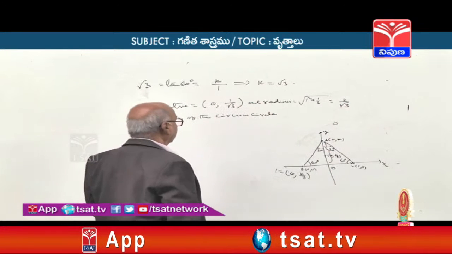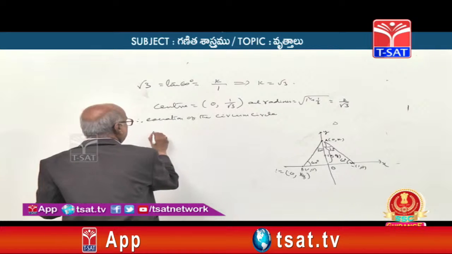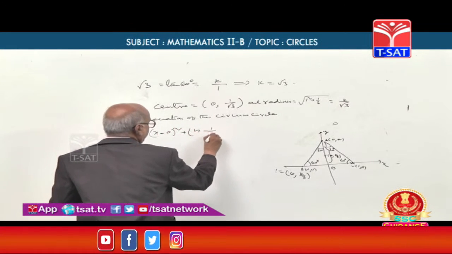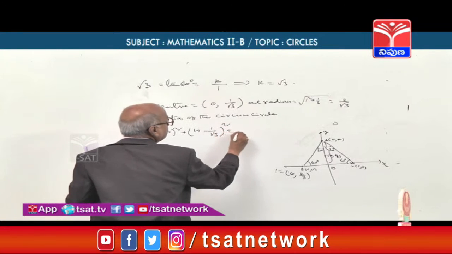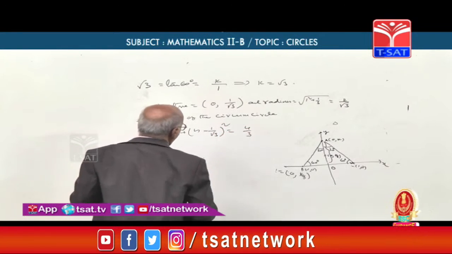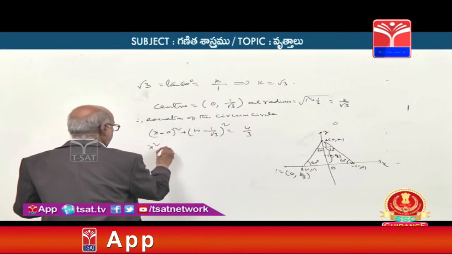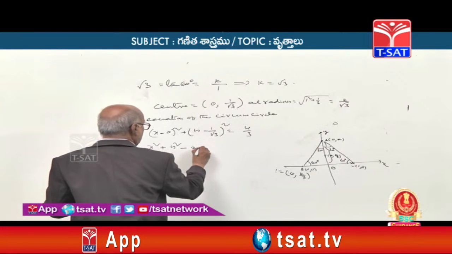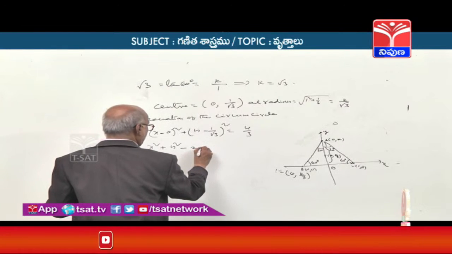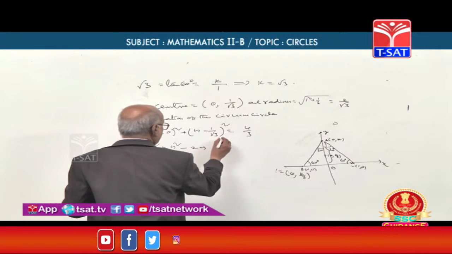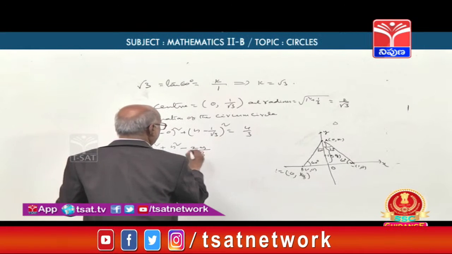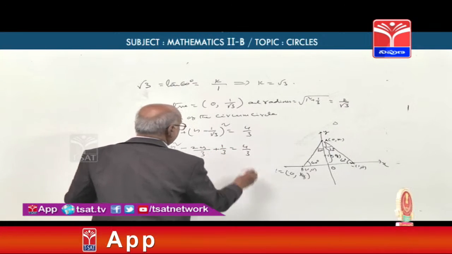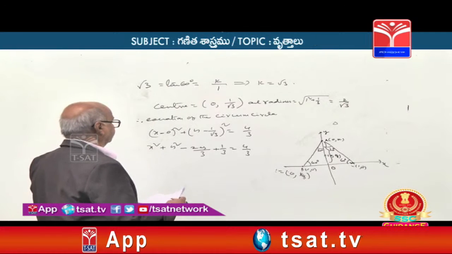So, equation of the circumcircle is x minus 0 whole square plus y minus 1 by root 3 whole square is equal to 4 by 3, or that is x square plus y square minus 2y by root 3 plus 1 by 3 is equal to 4 by 3.